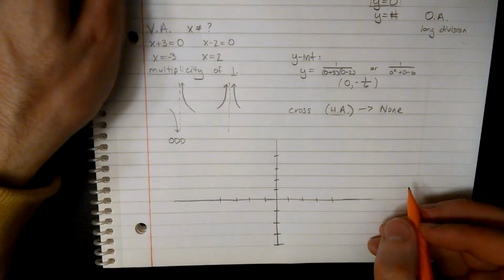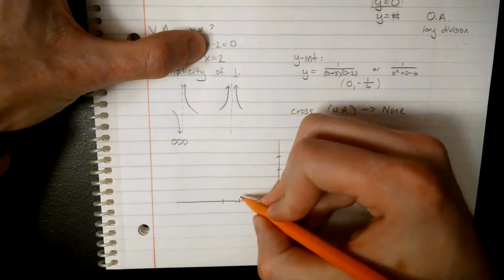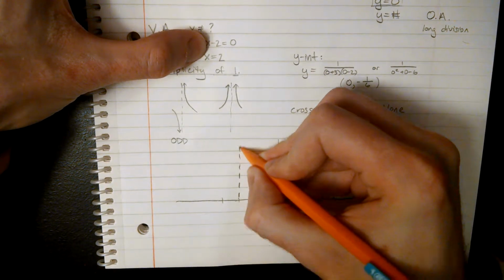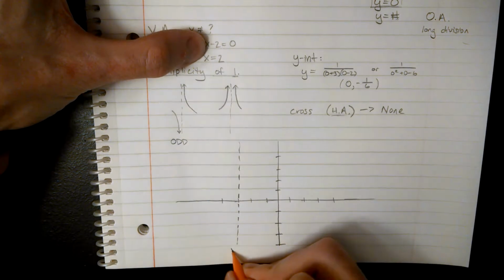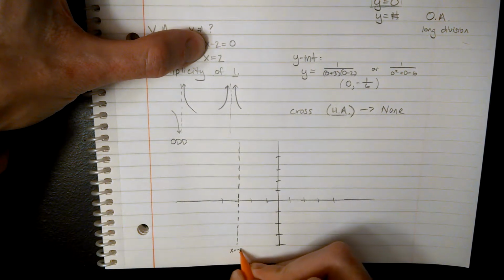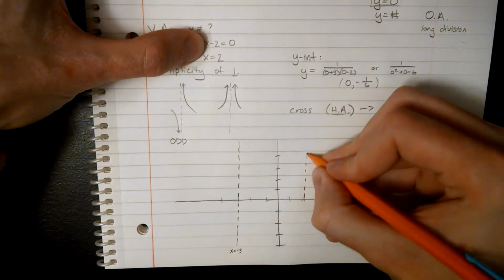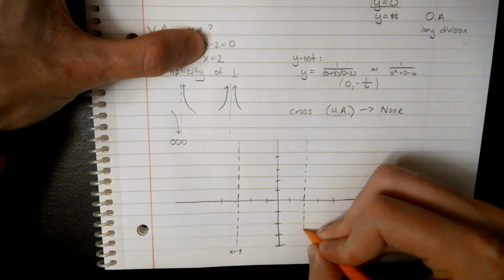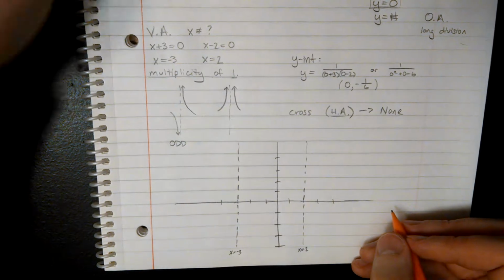Alright, so we have vertical asymptotes at -3 and +2. I draw my vertical dotted line at -3 and label it x equals -3. And I have one at +2 as well, x equals +2.